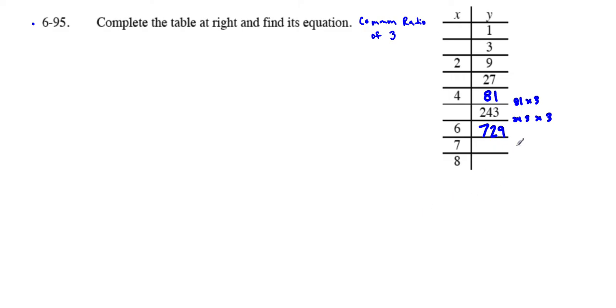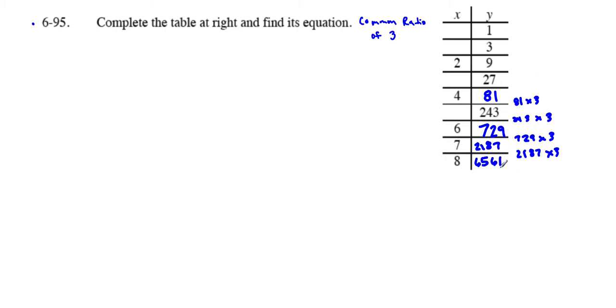Let's see, 729 times 3 is going to give us 2,187. I did it on the calculator. You probably could do the same thing. And then if we take 2,187 times 3, you should end up with 6,561.